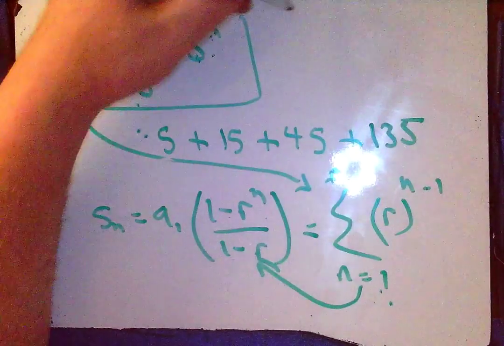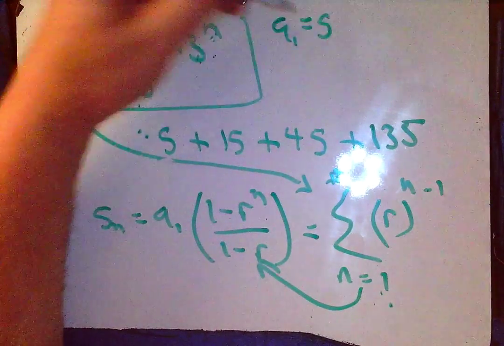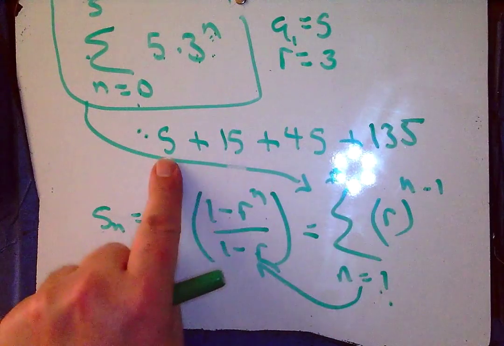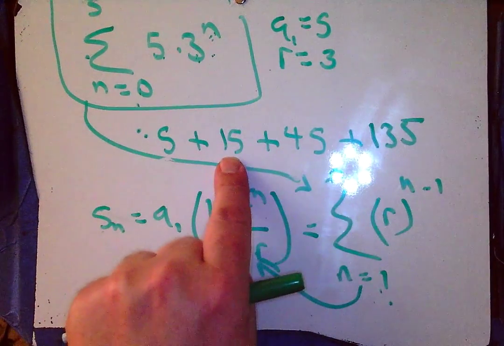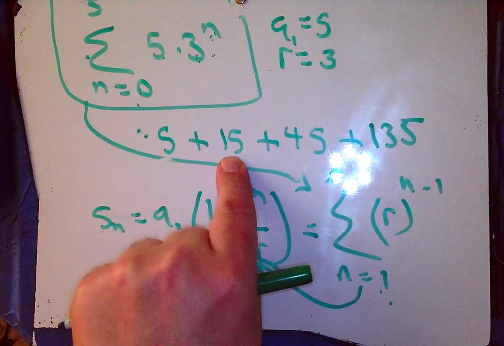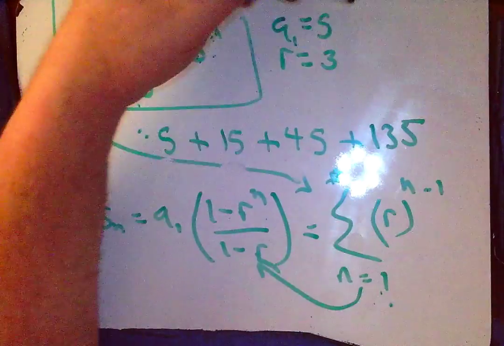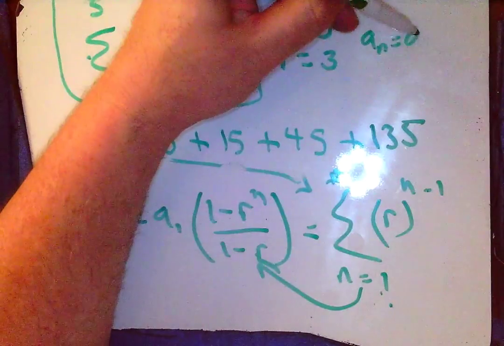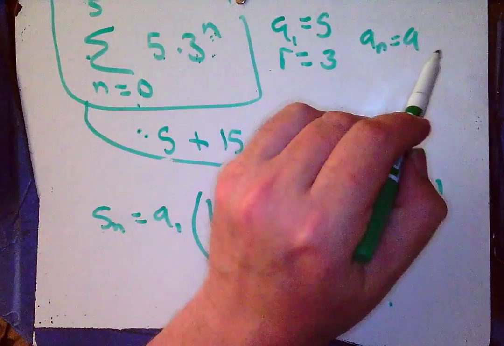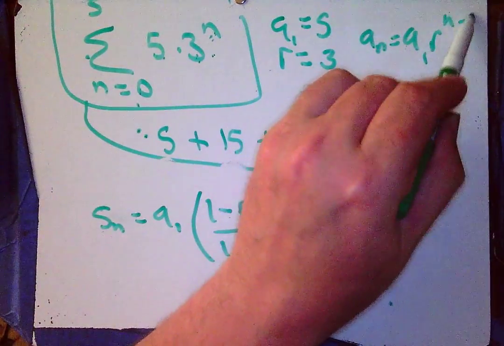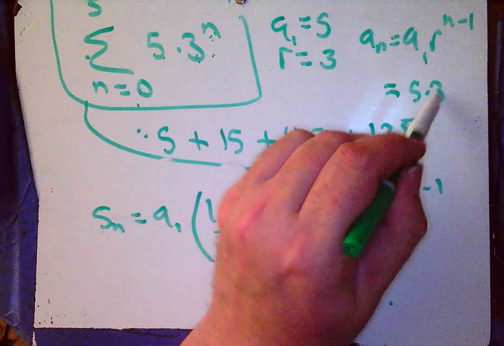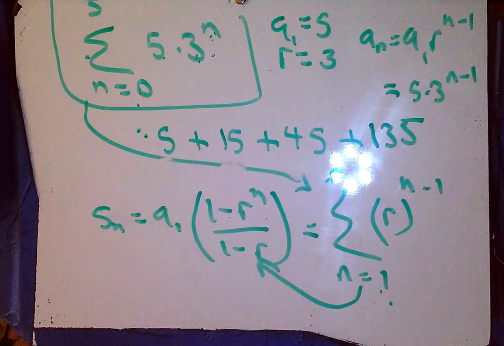I see a sub 1 is 5, and I see that r is 3, because 15 divided by 5 is 3, and 45 divided by 15 is 3. So then I could say a sub n equals a sub 1 times r to the n minus 1, my formula would be 5 times 3 to the n minus 1.